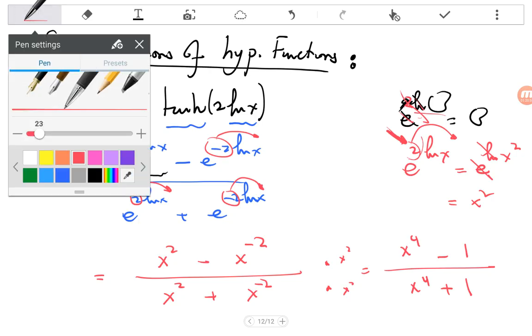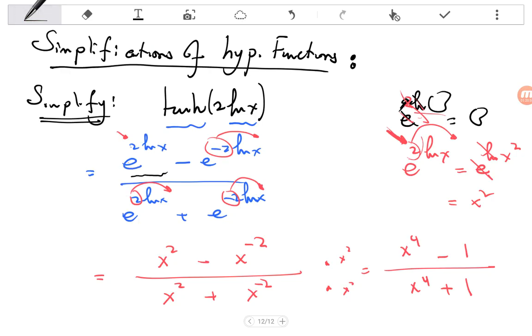Now remember that whenever you make a simplification, you must preserve the domain of the original function, because simplification can change the domain. Now what is the domain of this function? Remember that there is a condition on x.